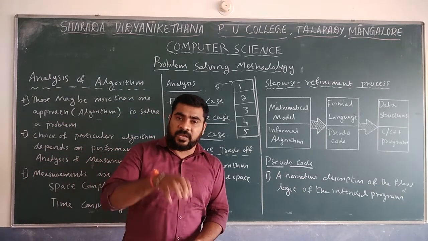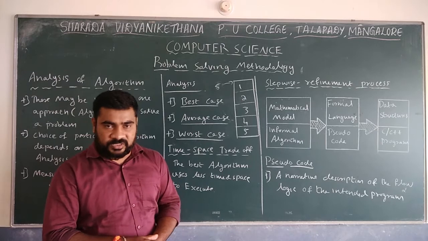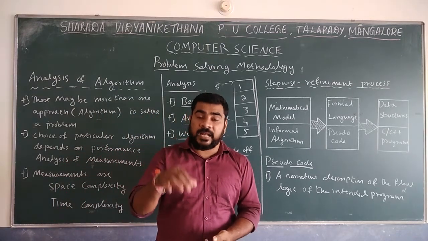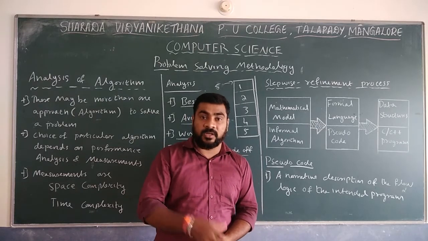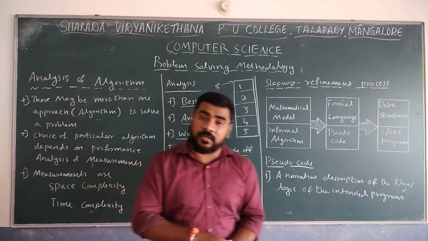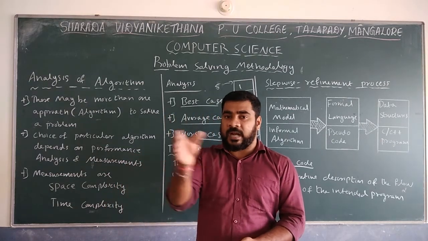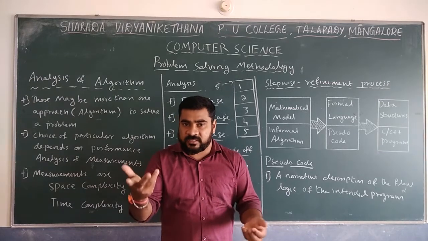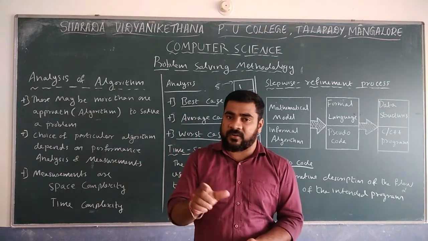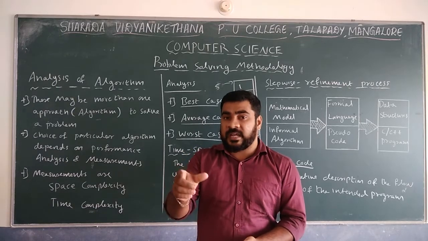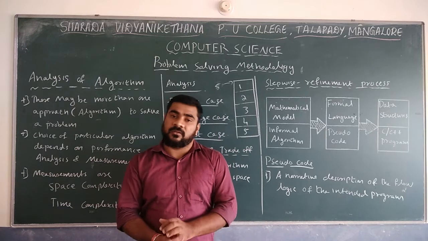For example, if a particular algorithm takes less memory to save and execute, and also takes less time. For example, one software executes in 1 second, another software takes 1 minute. Which one is best? The 1 second one, which executed in less time. That we can say is the best software. The one which takes 1 minute, we can say is the worst case.